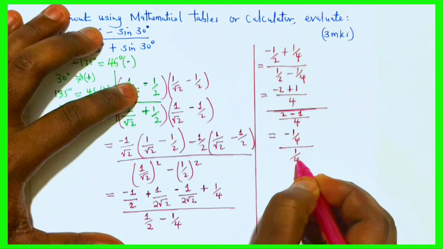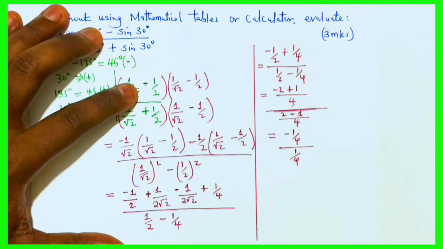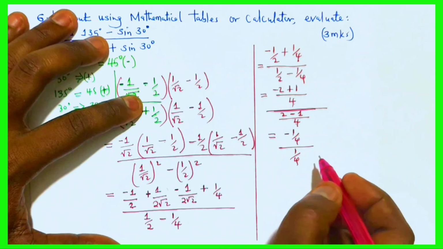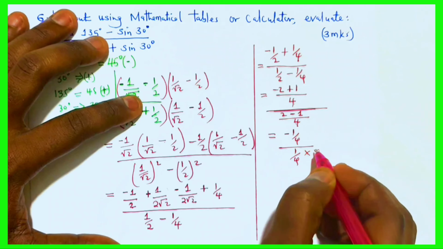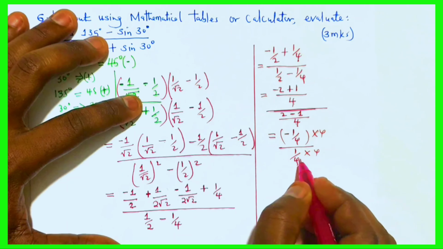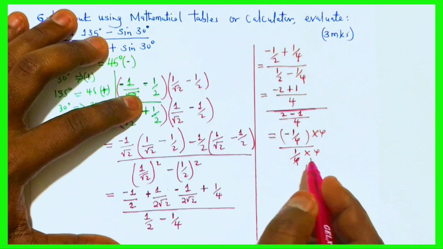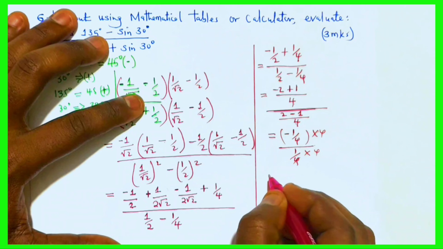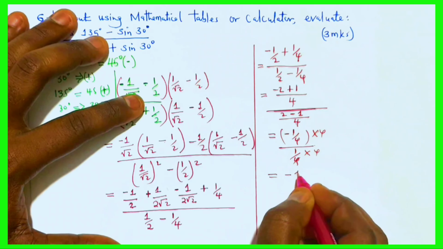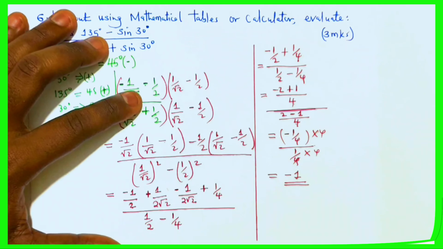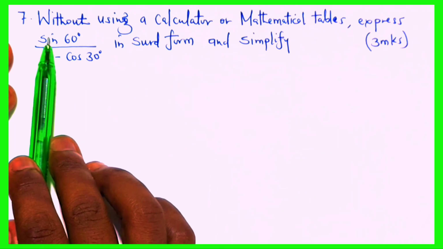So you end up with positive 1/4. And therefore the last step is to multiply by 4 both on the numerator and the denominator, so that on the denominator side we end up getting 1, and therefore our solution there will be negative 1, and this is the answer.